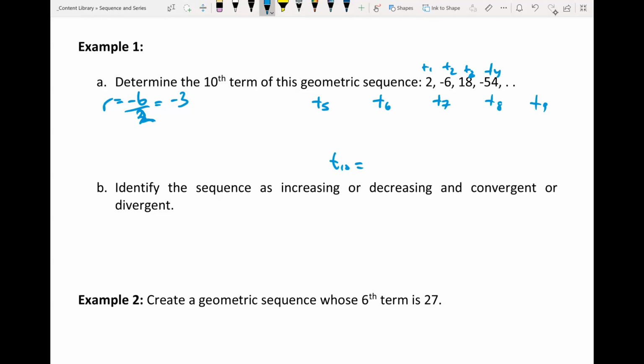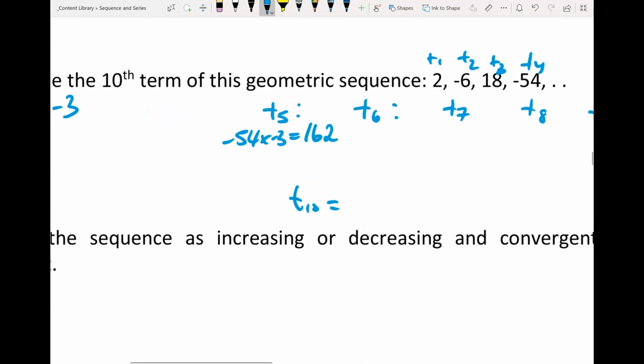So for T5, it's going to be calculated as -54 times -3, which is positive 162. For the next one, for T6, if I multiply 162 by -3, we're going to get -486.